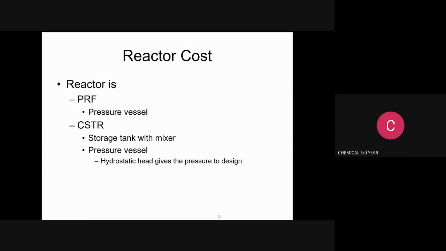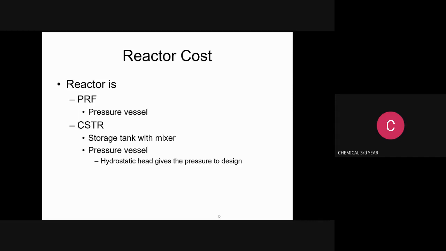The storage tank with mixture. In the tank, we can reduce some parts, with some steroid equipment or mixture terms. We can make small changes or little alterations in that to reduce the cost for a CSTR.